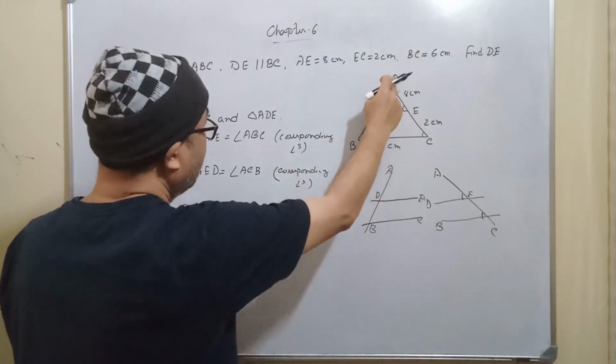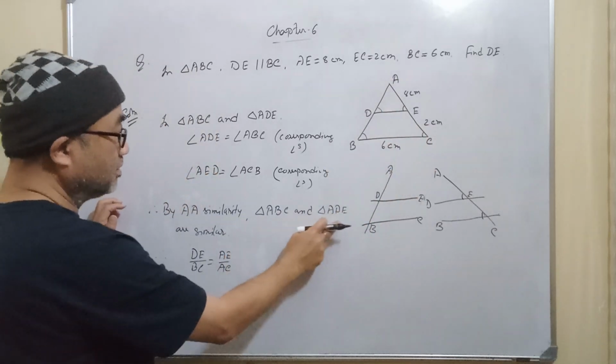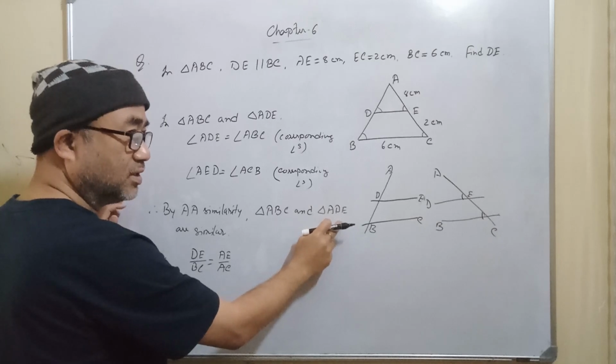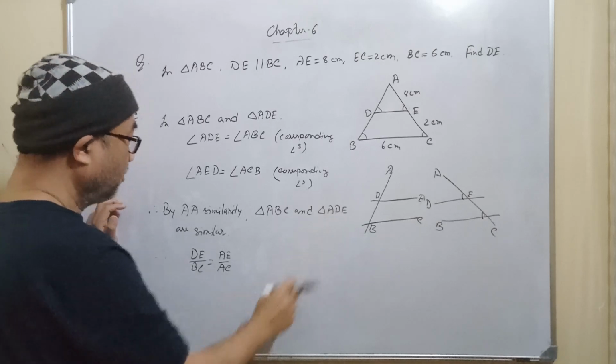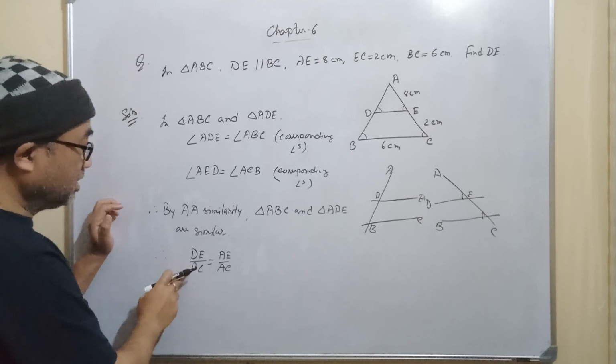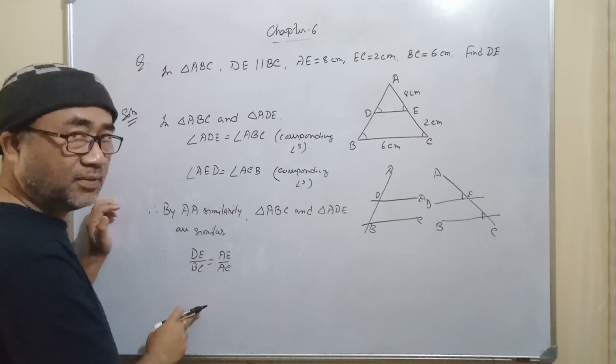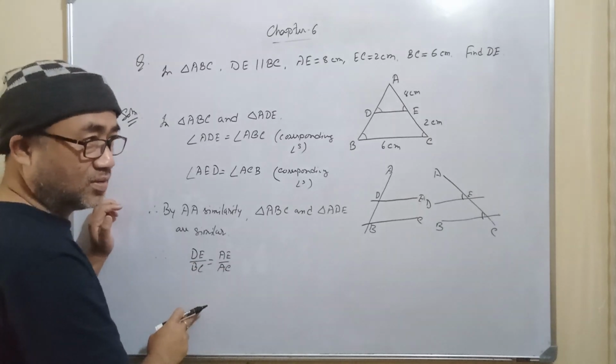ADE and ABC are similar triangles, as we have proved. If they are similar, then the ratio of their corresponding sides will be the same.